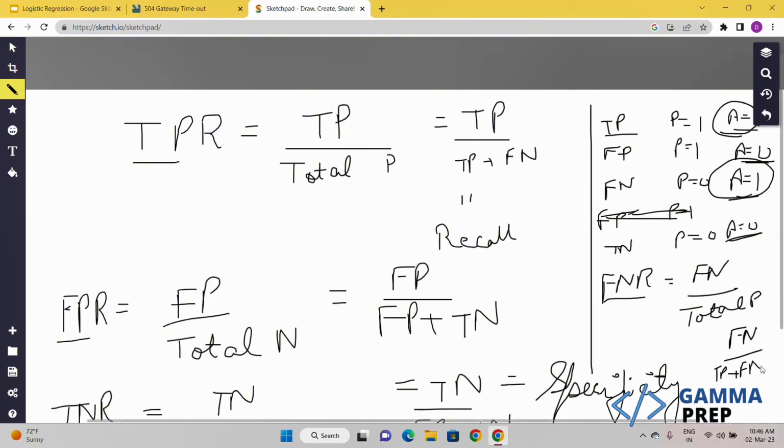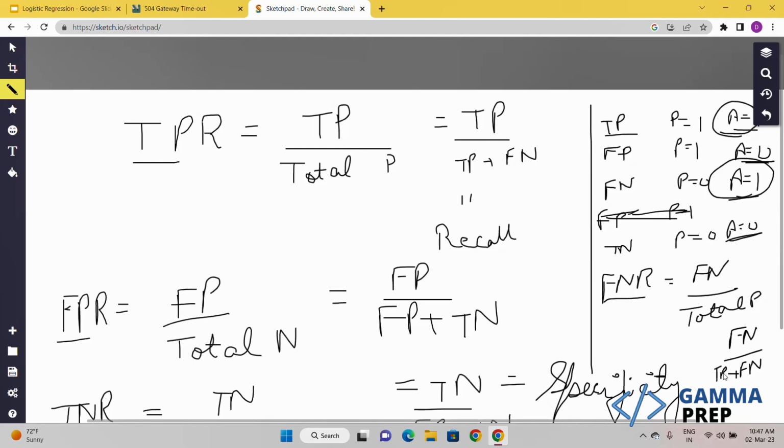So out of all the total positives, how many your model was able to identify incorrectly? And this should be low because your model should do incorrect things less and correct things more. So this was about the four terms TPR, TNR, FPR, and FNR.